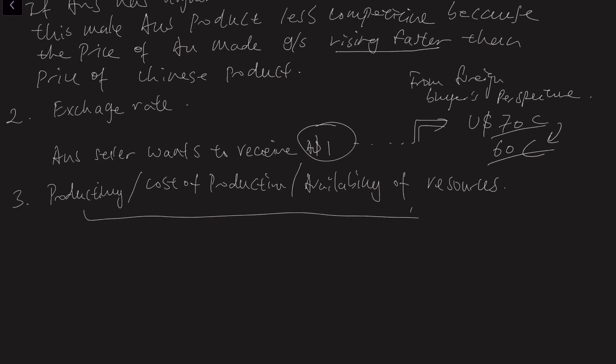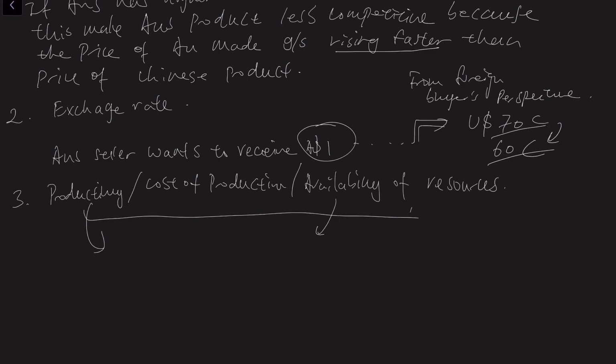And what those three factors have in common is they all affect the cost of production. So a higher productivity will ultimately lead to a decrease in cost of production. And more abundant resources would also cause a decrease in cost of production, because the resources are cheaper.